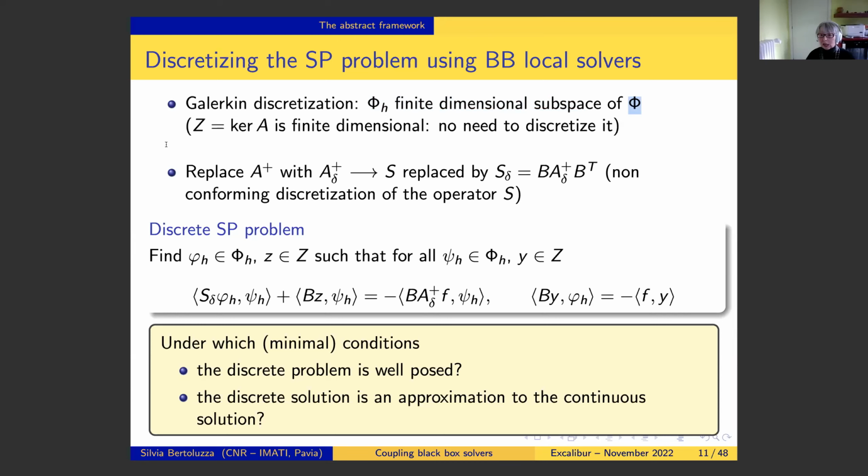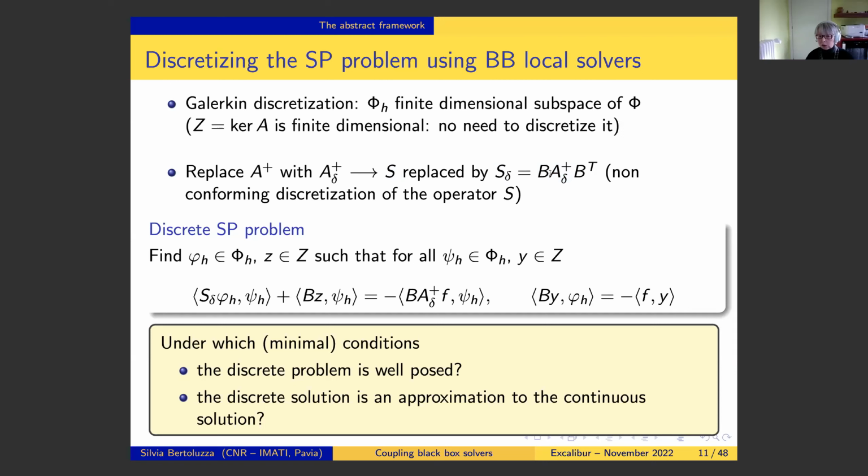And then, of course, I don't have a continuous solver for my problem, so I have to replace the pseudo-inverse with approximate pseudo-inverses, to replace the Schur complement or Steklov-Poincaré operator or whatever I want to call it by an approximate version.